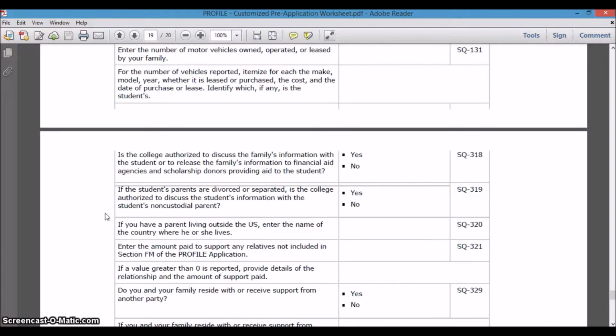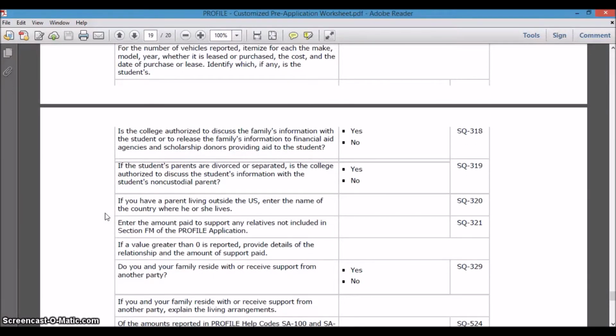The important thing to remember in this section is that these supplemental questions are additional questions that the colleges you're applying to would want to ask you. Aside from the CSS profile, you'll be entering the list of colleges you want to send the CSS profile to, and it automatically fills in questions from those colleges.